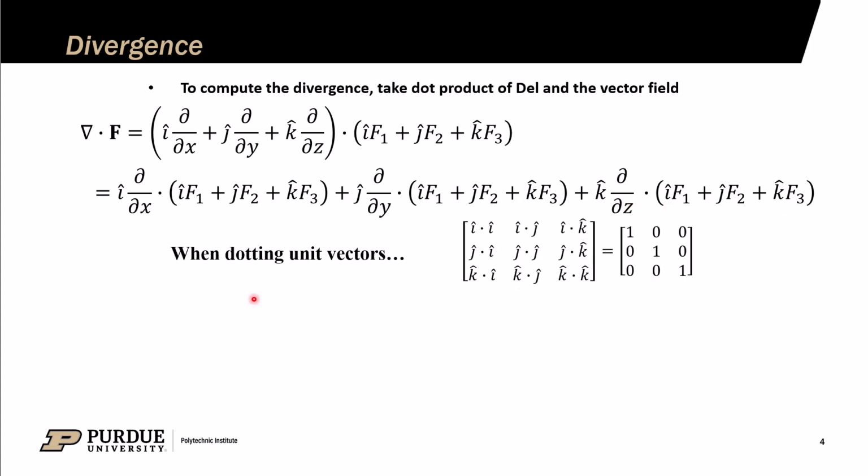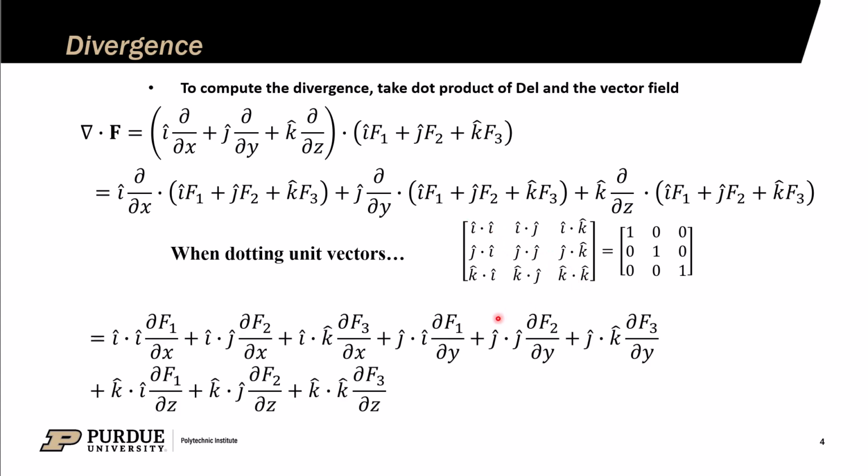And if you recall from the dot product, when we dot unit vectors together and we represent all the combinations in this 3x3 matrix, we get the identity matrix. So the only surviving terms are when we dot a unit vector with itself. So I've now carried the dot product out through each term. So I've got i dot i right here. And now I'm taking the partial with respect to x of a scalar f1.